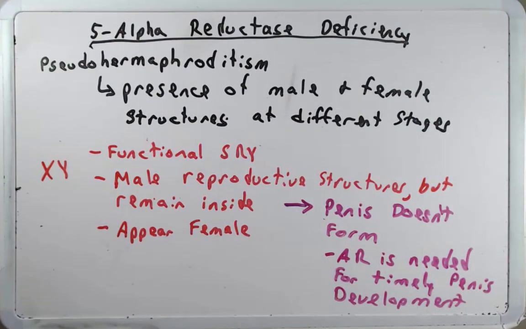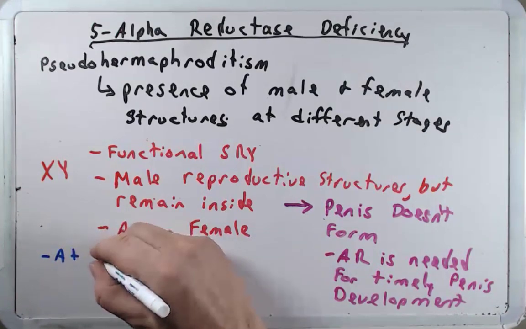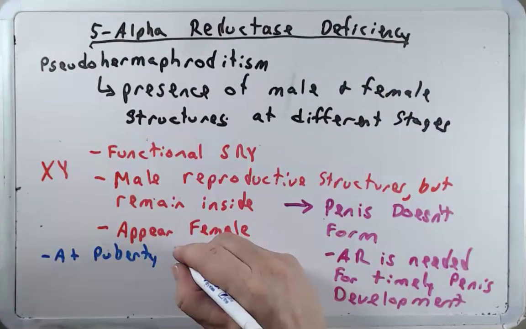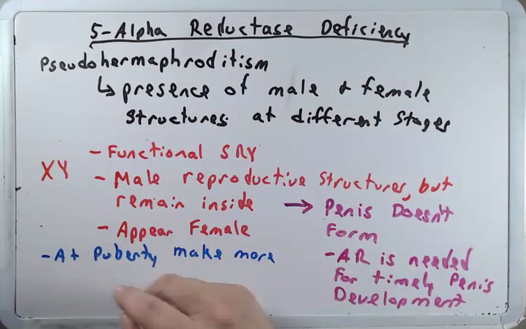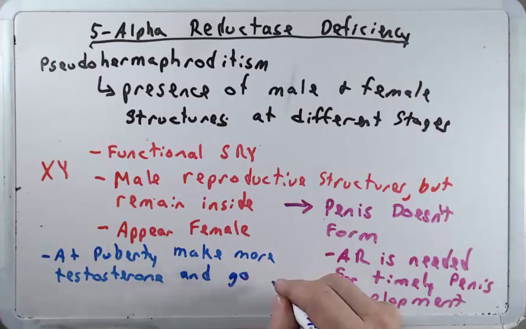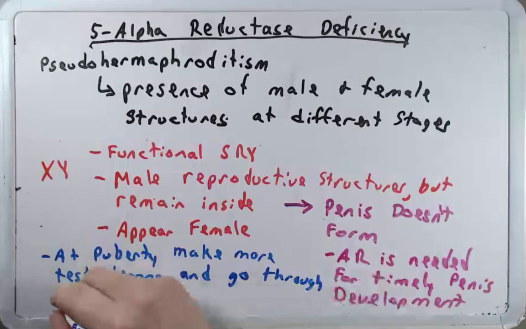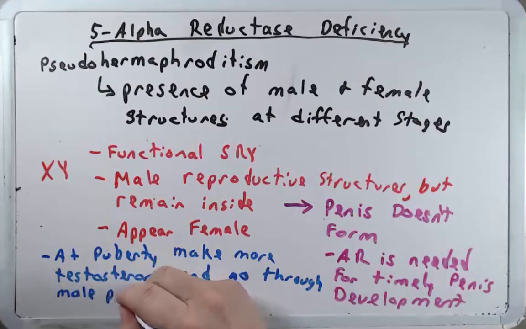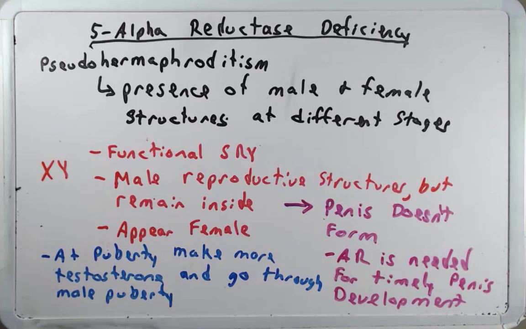Now, something interesting happens. At puberty, these individuals will make more testosterone and go through what appears to be male puberty. Their voice deepens, they begin to grow facial hair, their muscles become more defined, and they have, in general, a more masculine physique.